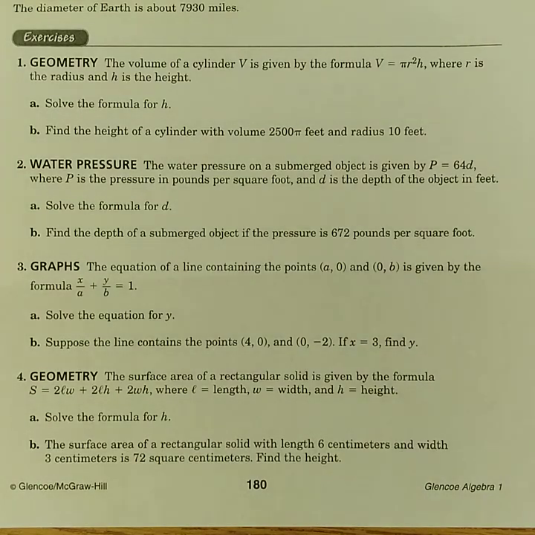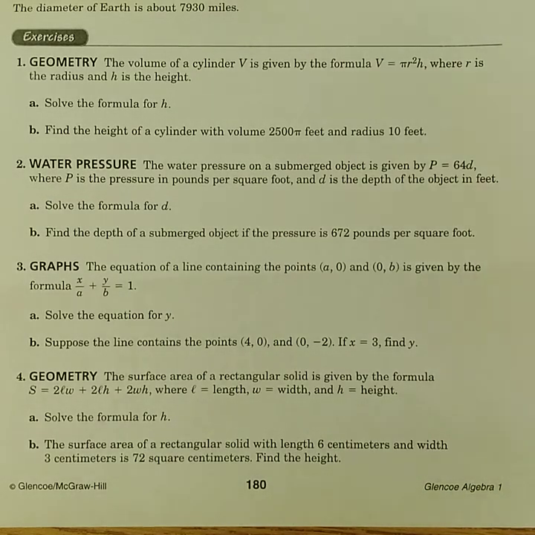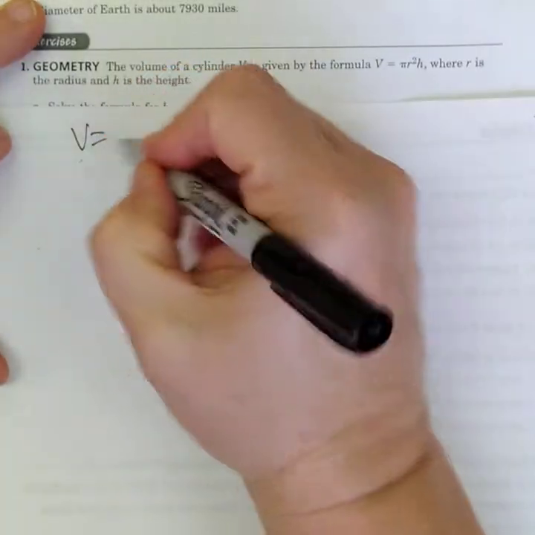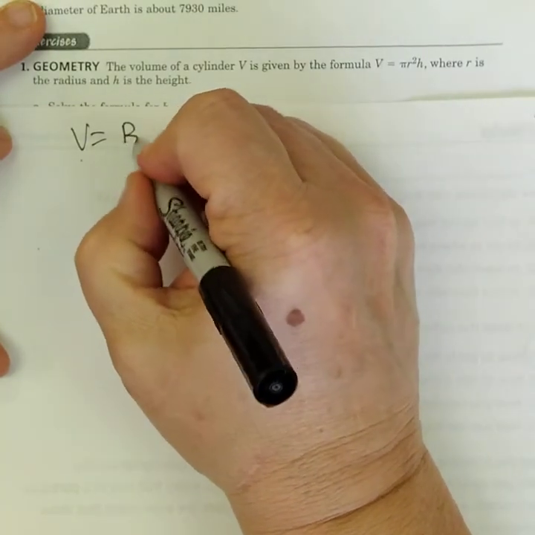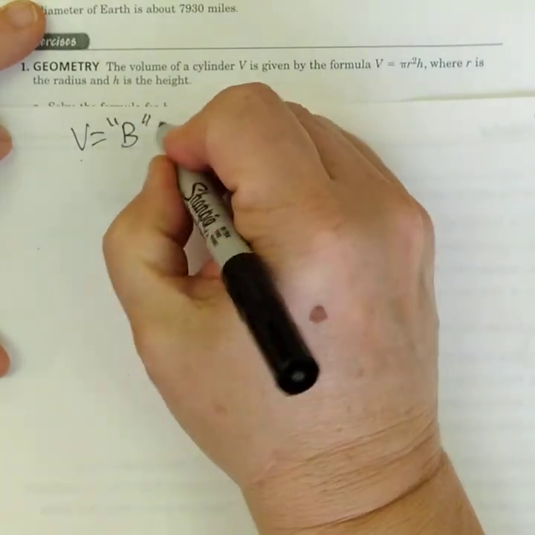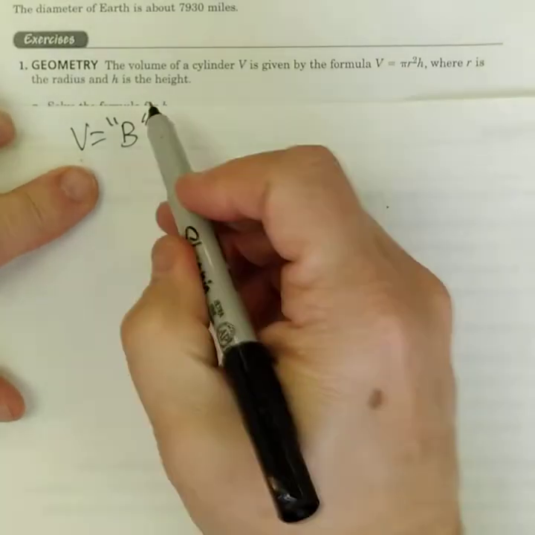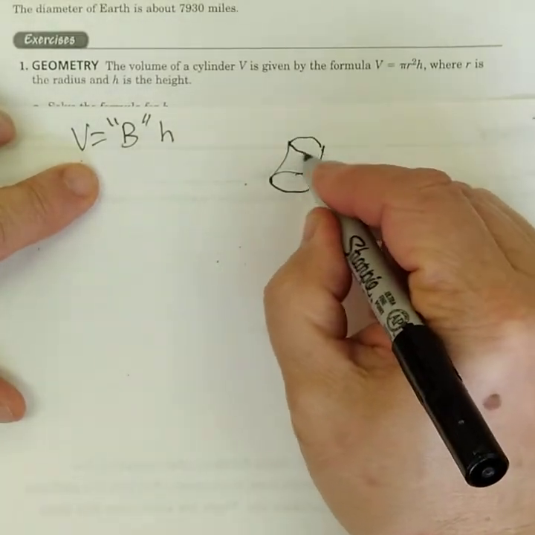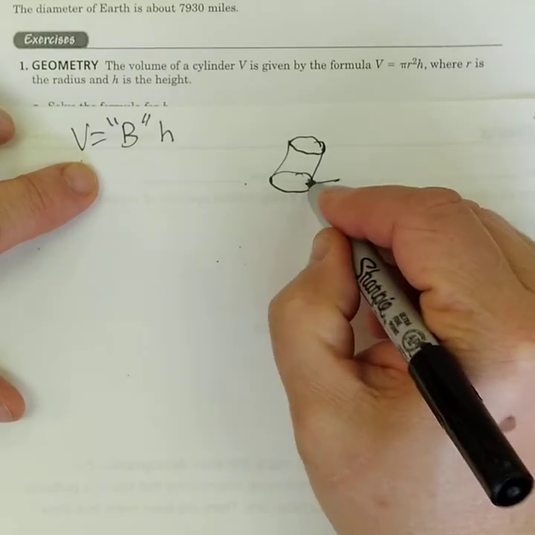Geometry. The volume of a cylinder is given by the formula V equals pi r squared times h. And actually, volume equals the area of the base times height. And since it's a cylinder, the base is a circle.